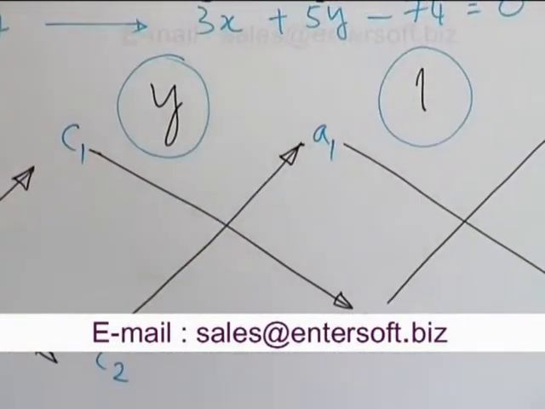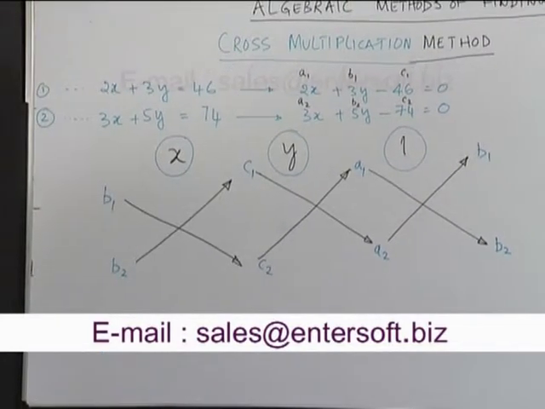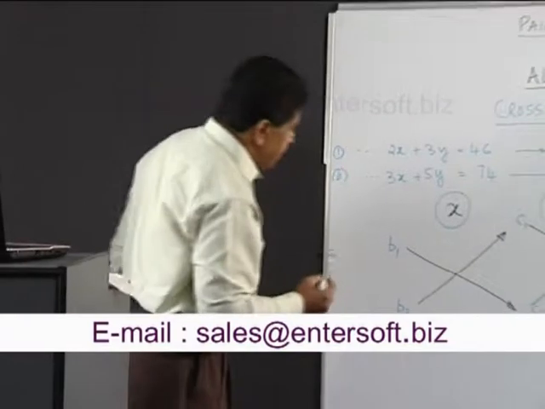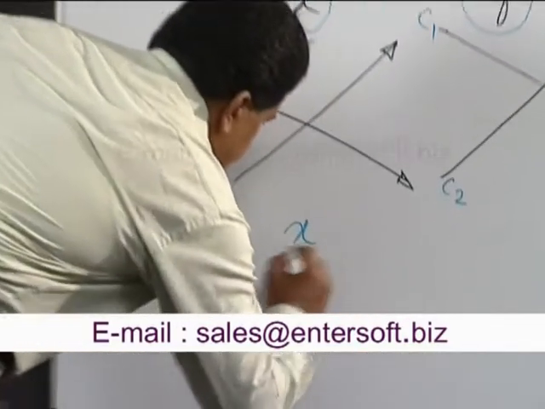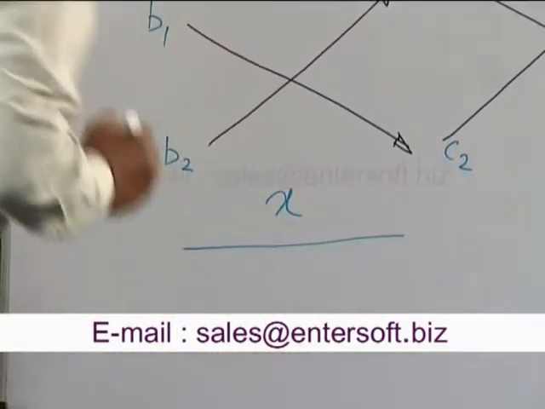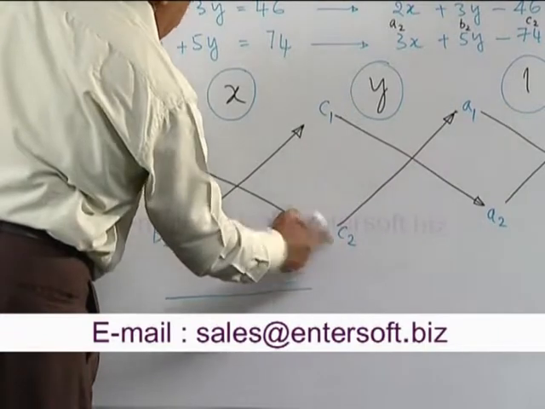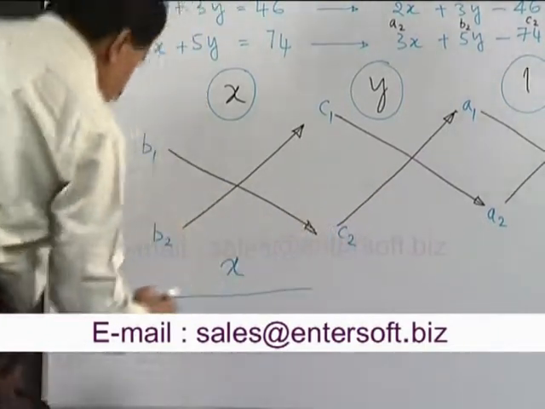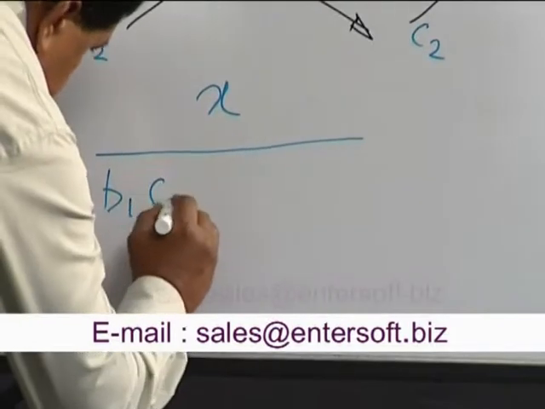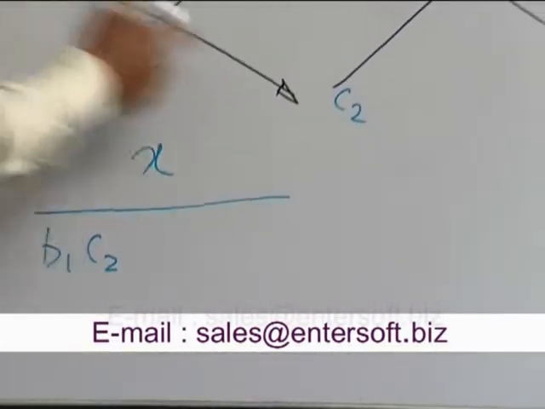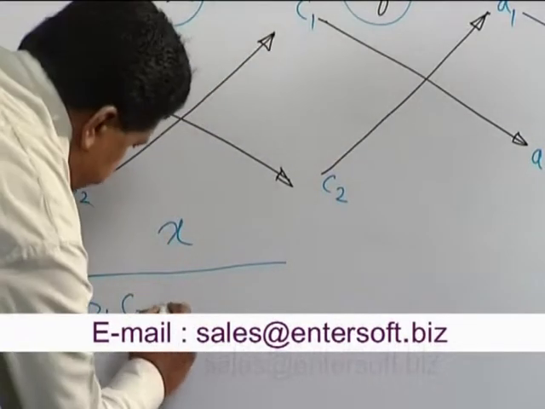Now from this we will derive a very simple formula. The formula is x divided by, you cross multiply this and this, B1 C2 minus B2 C1.